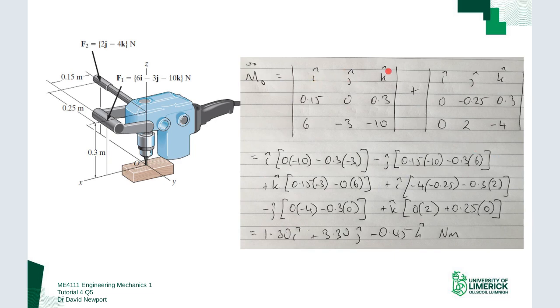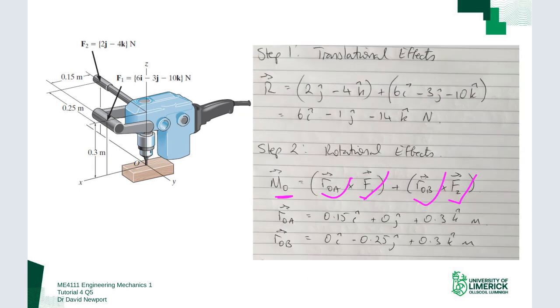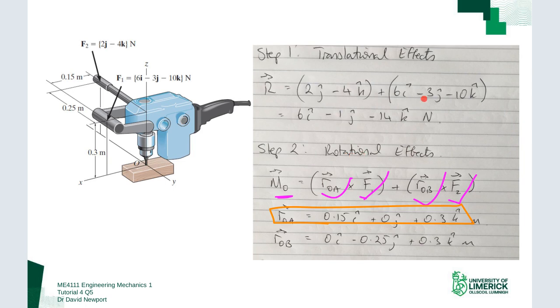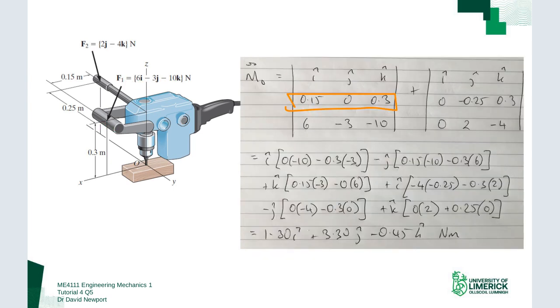The moment about point O: we've got i hat, j hat, k hat, then 0.15, 0, 0.3, this is the r_OA term. And the force then is 6, minus 3, minus 10. It is this force here, so you can see that it was useful to bracket those out there. So 6, minus 3, minus 10, which is the force F1 acting at that point.